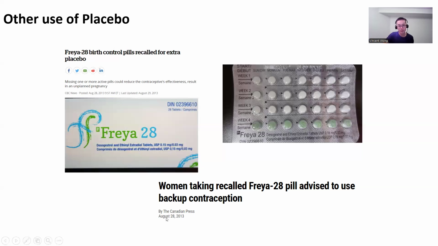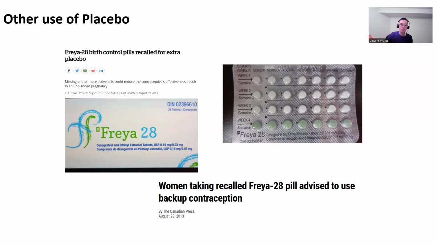Okay, this was over 10 years ago, but still, it's worth talking about. There was a lot of the pills where they made a mistake and they switched the placebo pills with the actual pills. Right? So if you purchased that lot, you would have 3 weeks of blanks and 1 week of contraceptive. And you can imagine what kind of problem that could cause, especially if you're not used to the product and you didn't know that the green pills were the placebo, and you thought they were just normal, and you would just be taking the green pills for 3 weeks thinking you are on contraception while you're not.